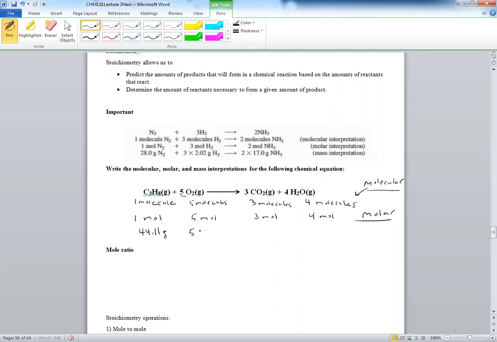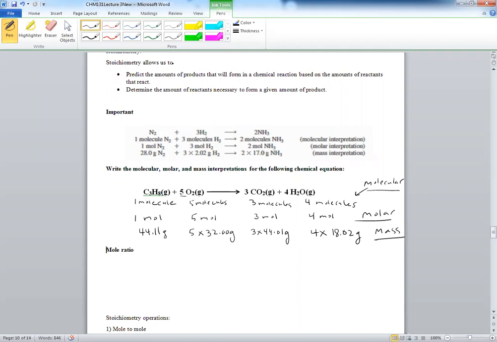This would be 5 times 32 grams. Again, I'm getting those numbers from the periodic table. This would be 3 times 44.01 grams, and this would be 4 times 18.02 grams. Okay, so that's the mass interpretation.